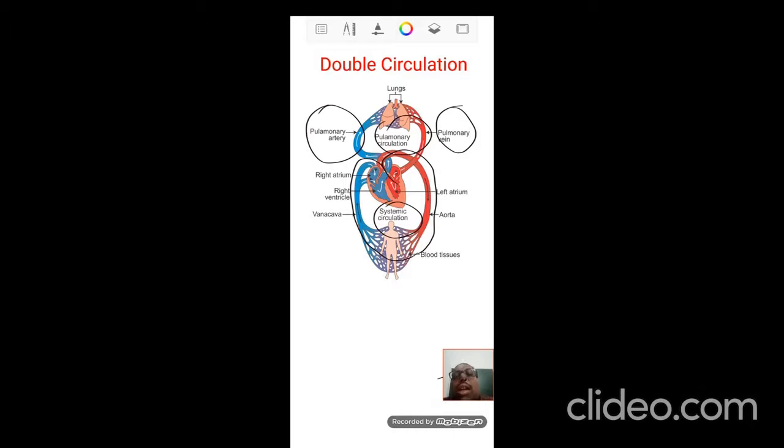That is why pulmonary arteries are responsible for carrying deoxygenated blood from the right ventricle of the heart to the lungs, where the purification takes place. That means exchange of gases takes place, carbon dioxide and oxygen. Carbon dioxide will be given out and oxygen will be taken into the blood, and that will be taken from the lungs to the left part through the pulmonary veins.